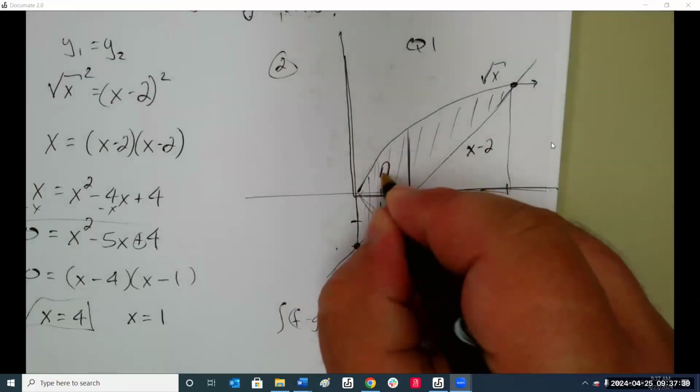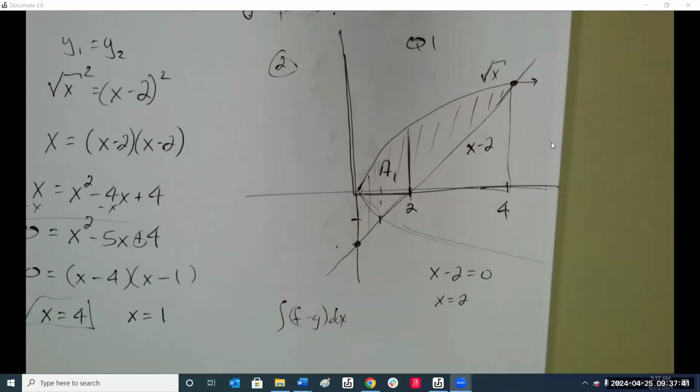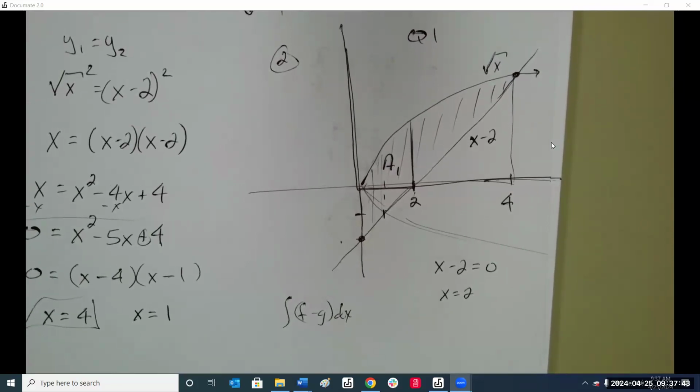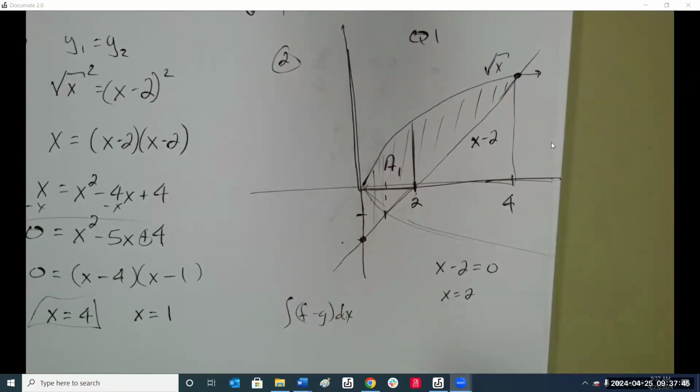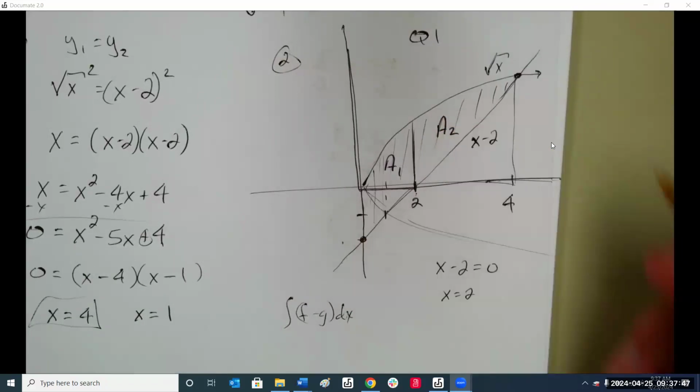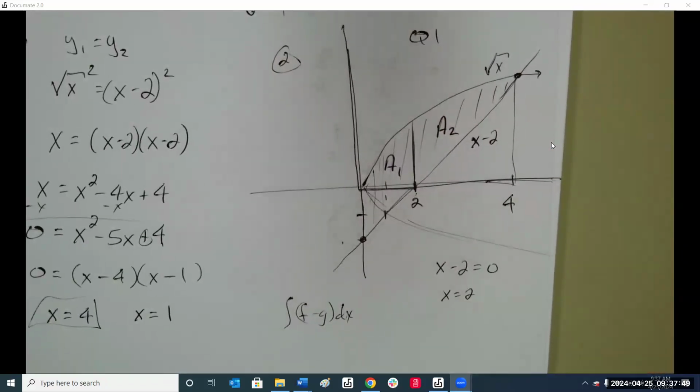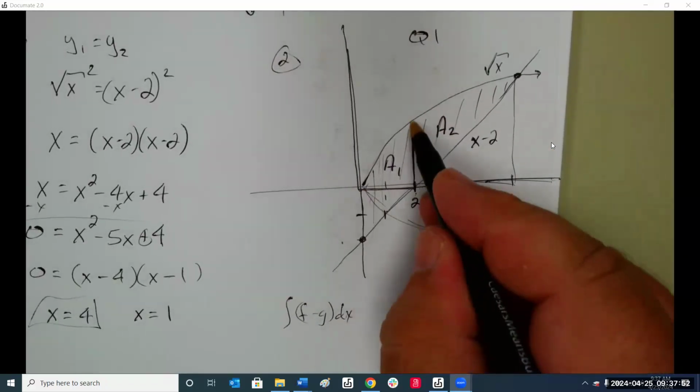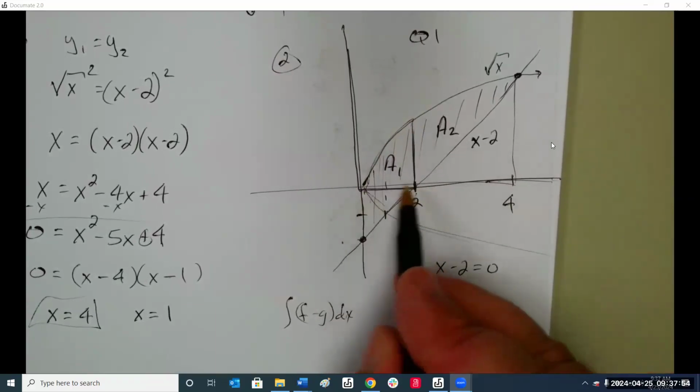So this is the first area and this is the second area. The first area is just our function from 0 to 2.